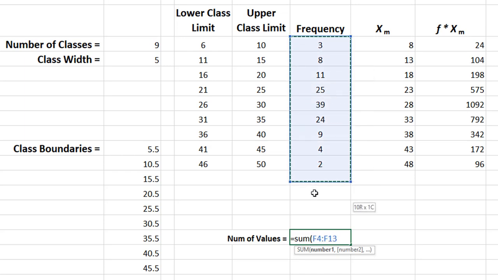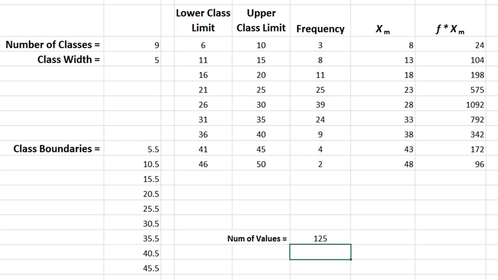I'll grab the first one, go down to there, close my parentheses, press enter. So that means that I have 125 total values. In other words, during that day, a total of 125 cars went through that particular suburban neighborhood during the times, I think I said between 2 p.m. and 6 p.m.